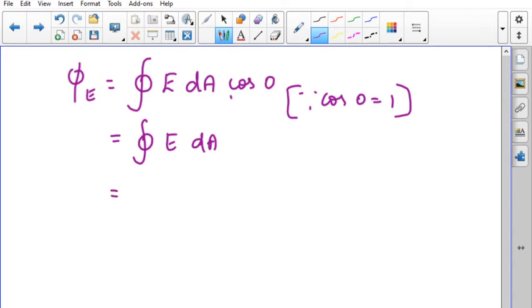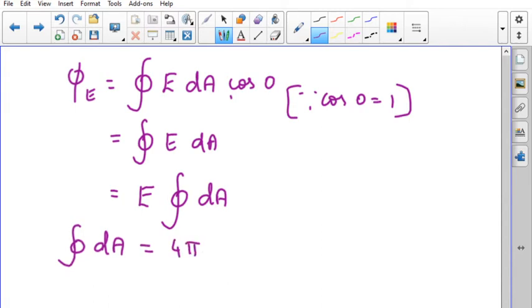The electric field is assumed to be uniform, therefore take it outside. We can integrate dA, and it is a sphere. What is the surface area of a sphere? It is 4 pi r squared. The integral over a closed surface of dA is equal to 4 pi r squared, where r is the radius of the sphere. We also know E is equal to Q by 4 pi epsilon naught r squared.